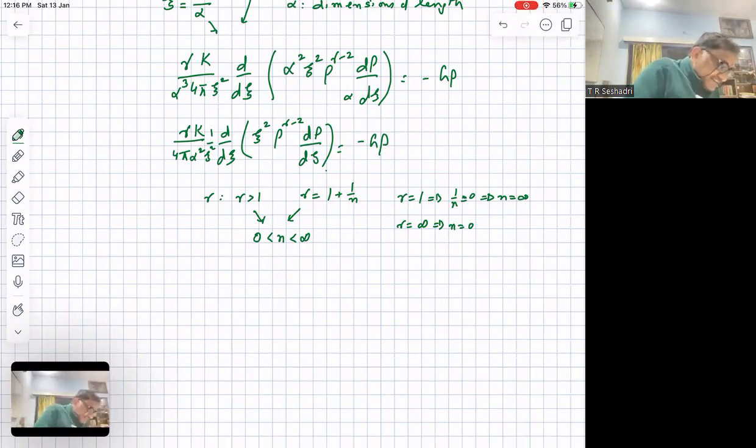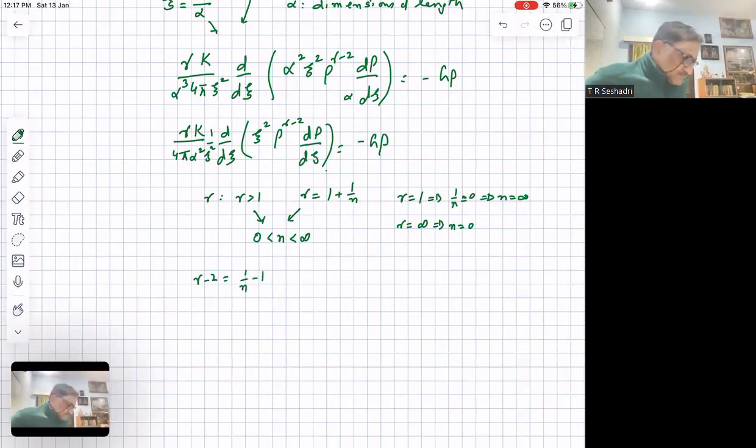I can rewrite this as gamma minus 2 is equal to 1 by n minus 1. Is that okay?